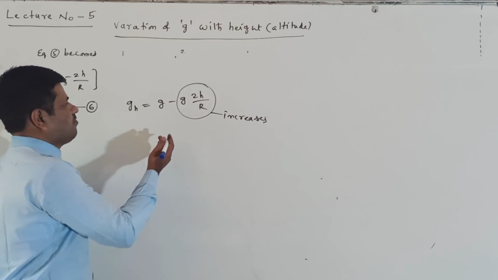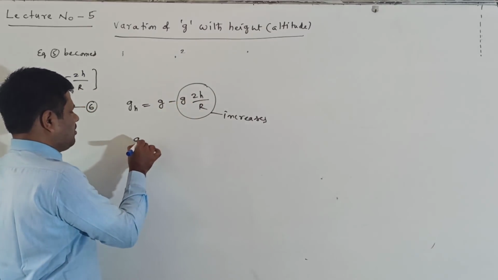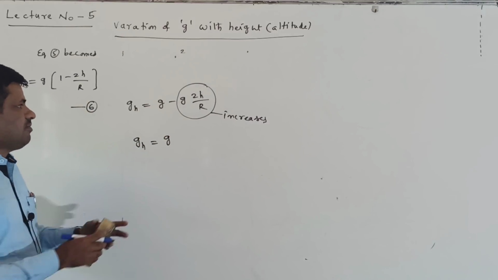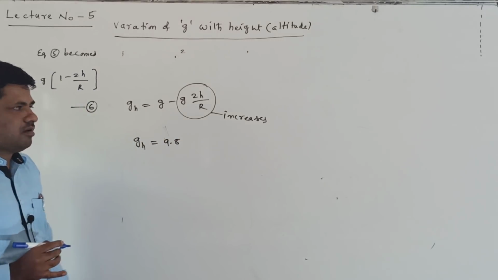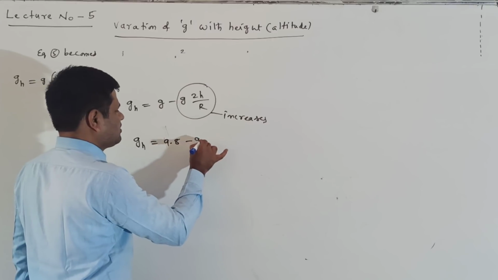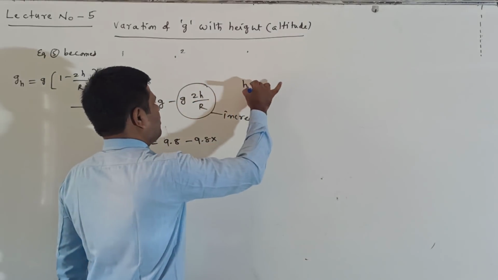For example, here gh is equal to g. Suppose I take g as 9.8, and I consider h equal to 1 meter.